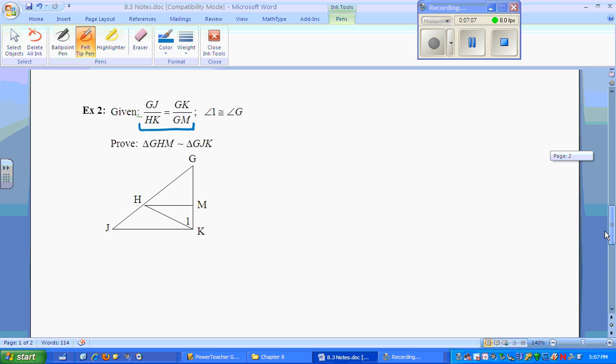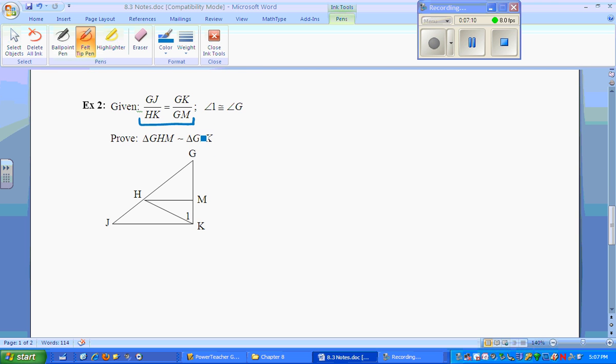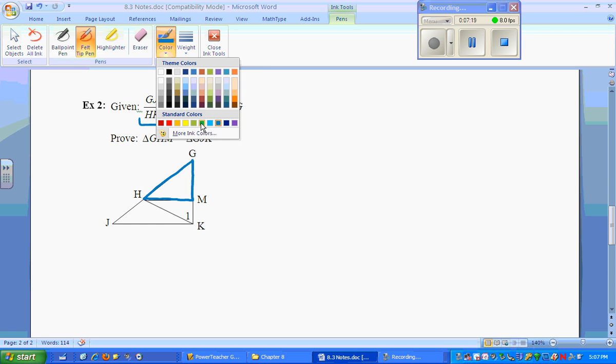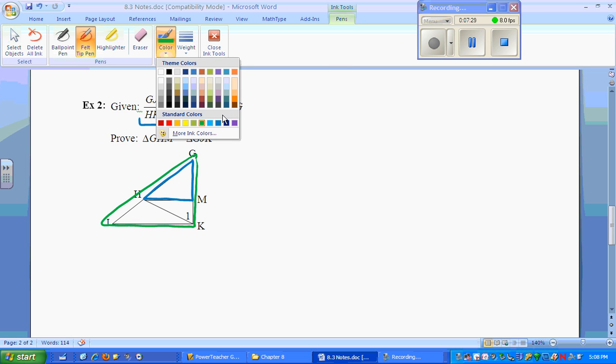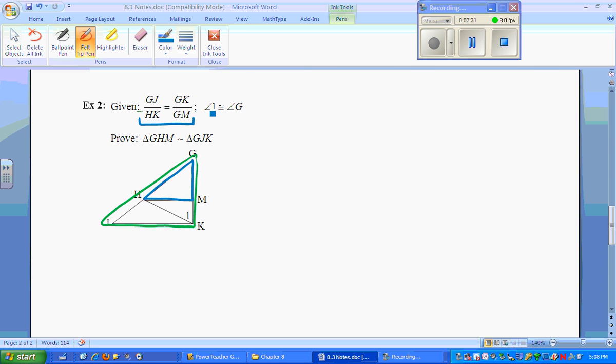Okay, so our goal is to prove triangle GHM is similar to GJK. Well, let's see here. We know that GJ, this side here, is similar to HK.